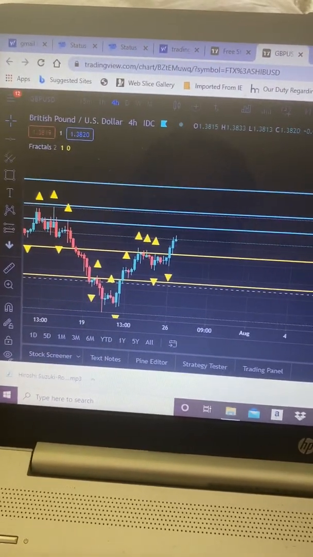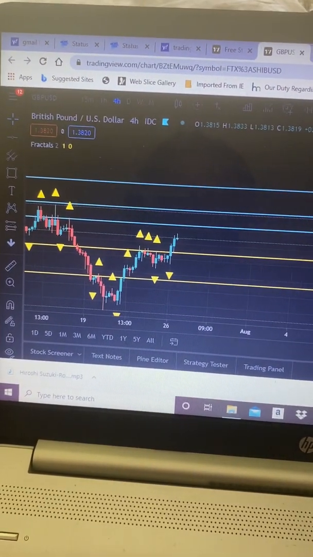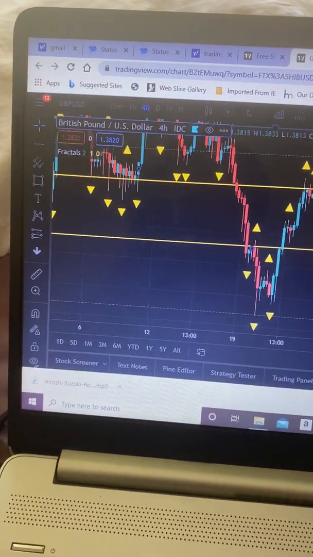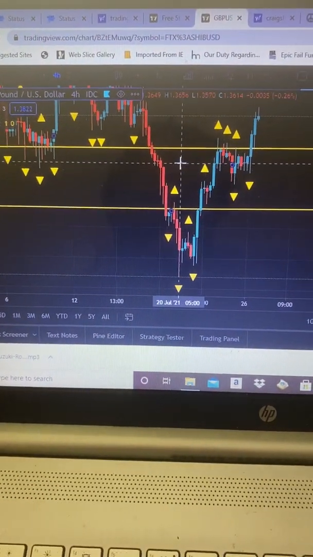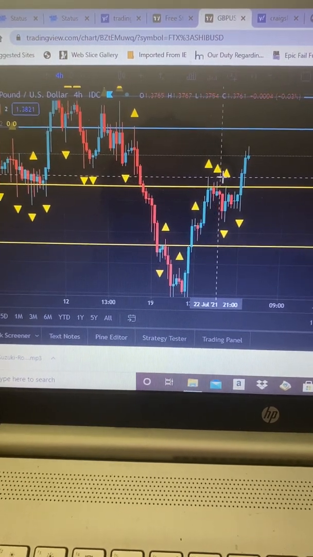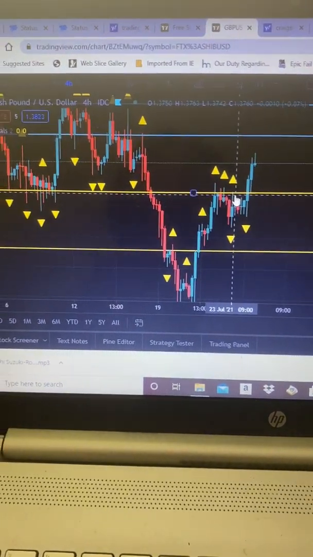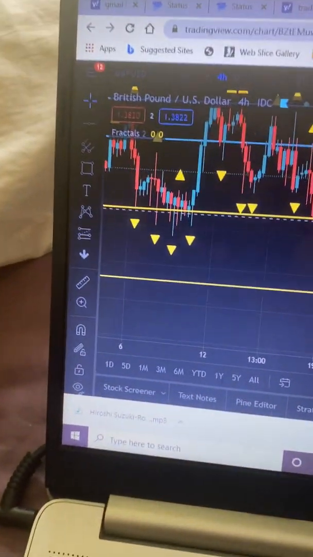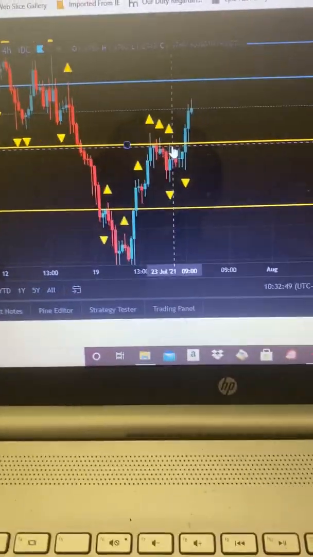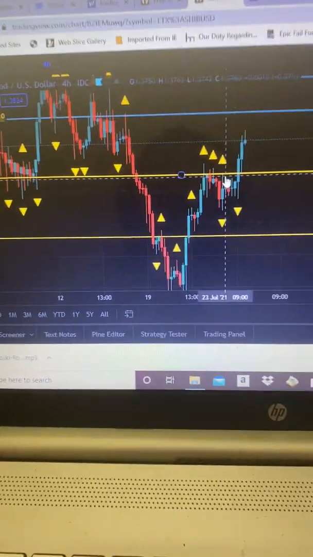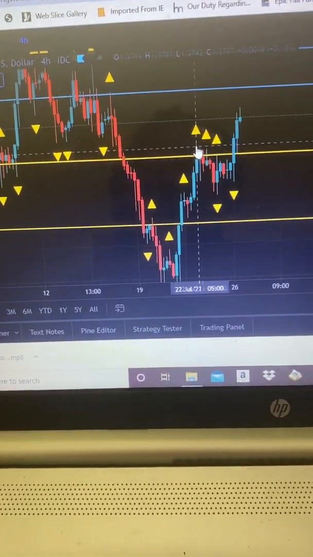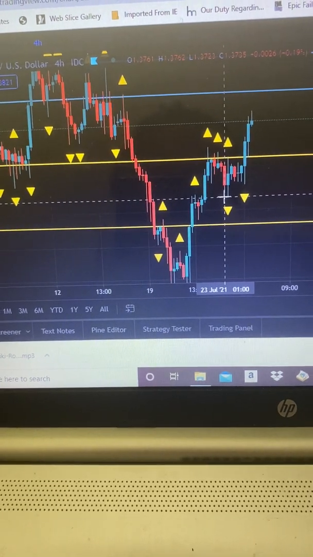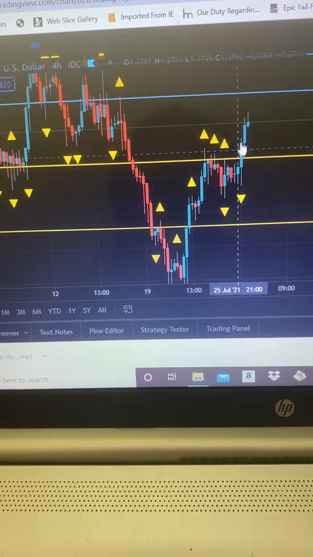So anyways, not only was it making lower lows, the fact that we had 3 fractals on the area of resistance, where the last lower low was at. So it got to the last lower low, which is the retest area, and it made 3 fractals. So I was taking this down, and I was in profit. And then it shot back up.